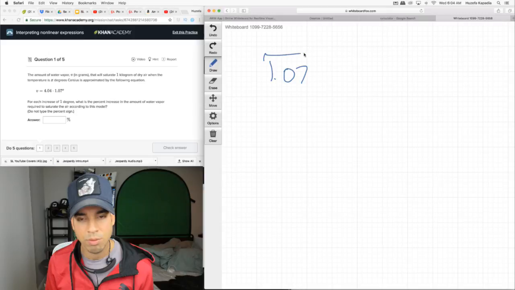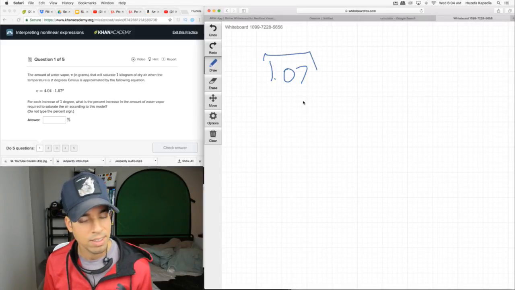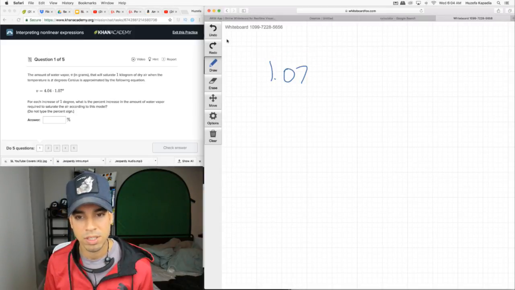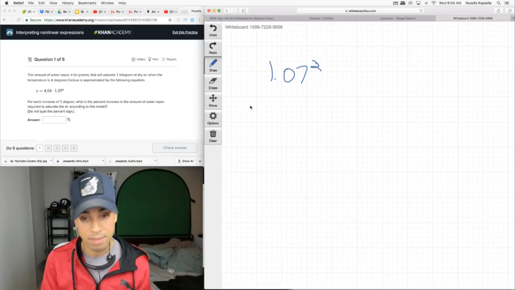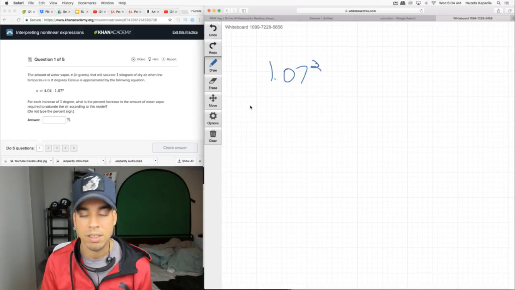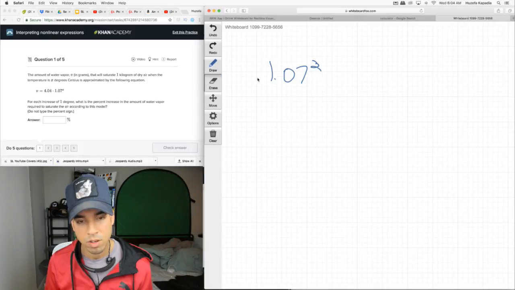If we're multiplying something by 1.07, we're increasing it by 7%. And when we multiply it by 1.07 to the second power, we're increasing that old value by 7%. So if it starts at 100, then it goes to 107.